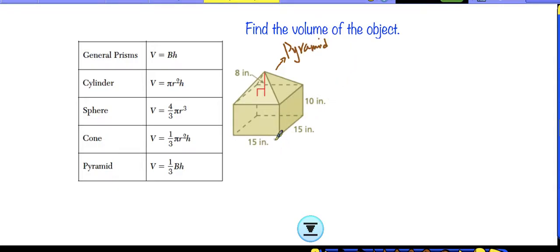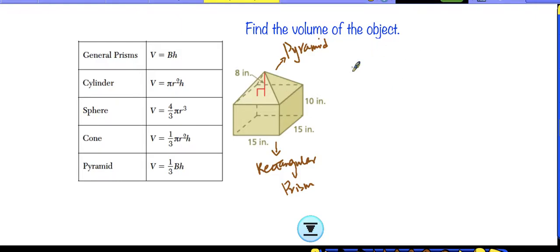And the bottom one, as you can see, even if you say it's 15, 15, some students still argue this is a square, but we can still call it a rectangular prism, just because a square is a special rectangle. So in order to find the volume, we need to work on the top volume and the bottom volume, and then, just like a composite figure in 2D shapes, we just add the volumes together, and that's it.